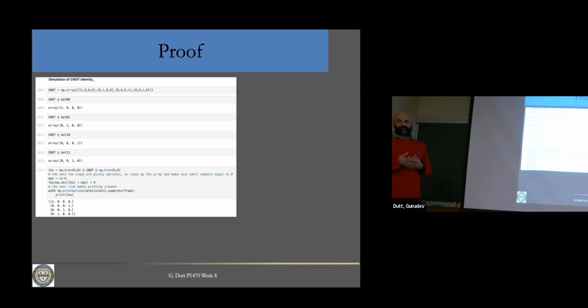The reason is because Python is working in floating point numbers, so there's like 10 to the minus 23 something. So of course that's 0. So I just set that to 0 with a couple lines of code. Just say that anything below 10 to the minus 6 is 0. Yes. And with that, then it clearly looks like the matrix that we just did.